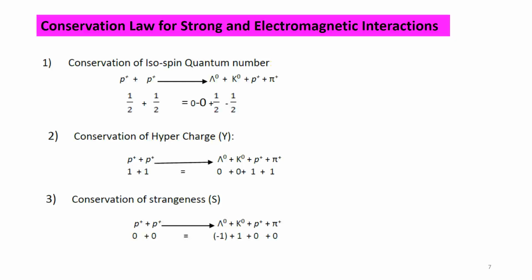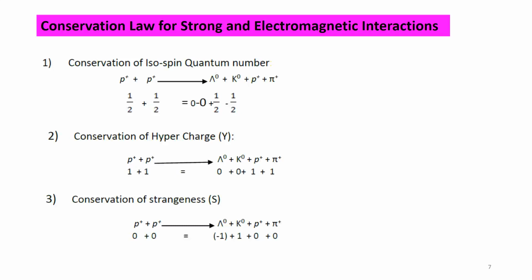If we analyze the conservation of isospin in this particular nuclear reaction, on the LHS the isospin quantum number is +1, for proton +1, so LHS is +1. Again on the RHS, +1 and -1, so RHS is +1, so the isospin is conserved here.